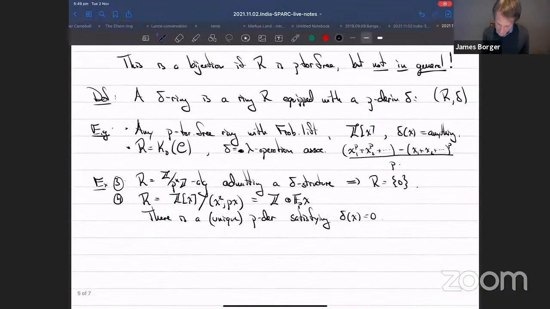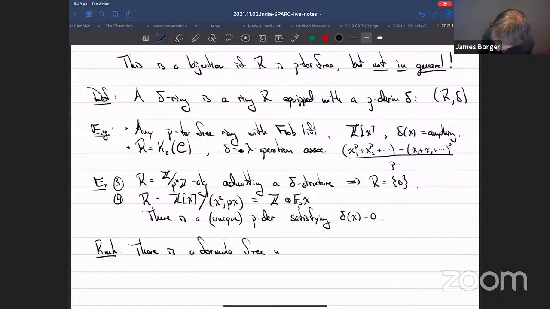Okay. So one remark before I go on to the Witt vectors is that there is a formula-free way of saying all this. I said in the beginning that I wanted to give you an approach to Witt vectors without using formulas, and then the first thing I did was write down a bunch of formulas. However, it's not strictly necessary in this approach to write down the formulas.